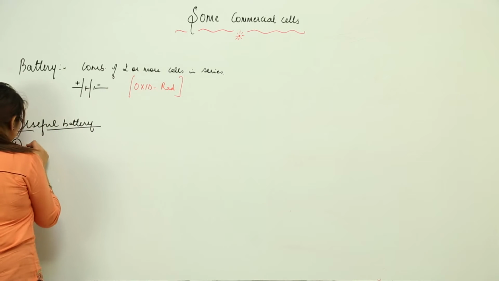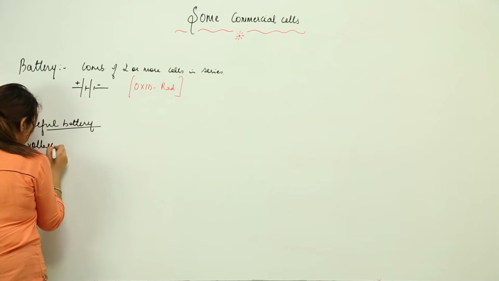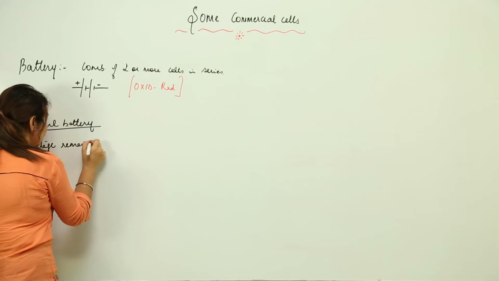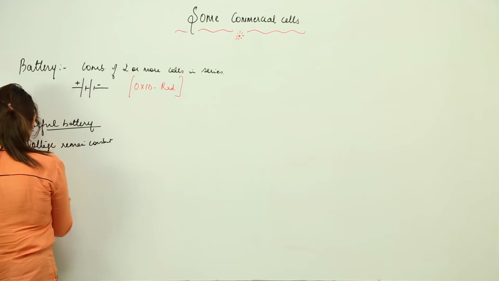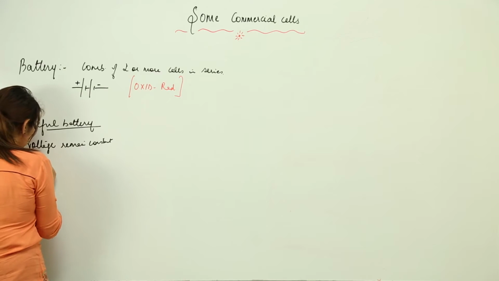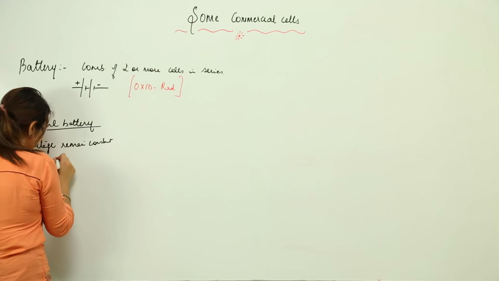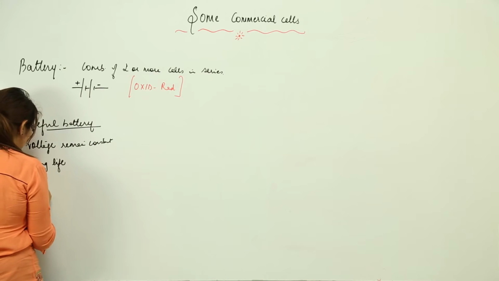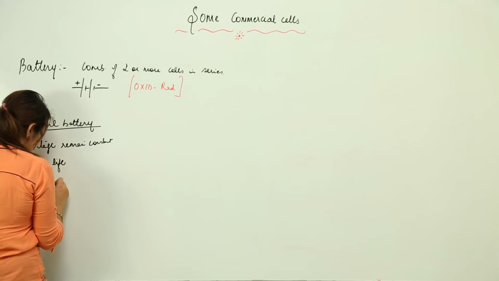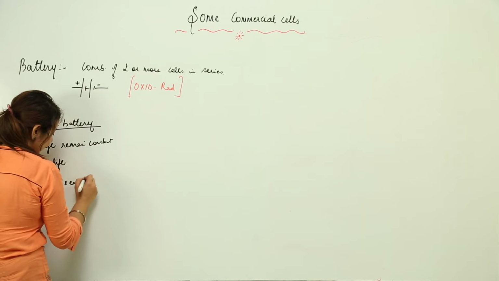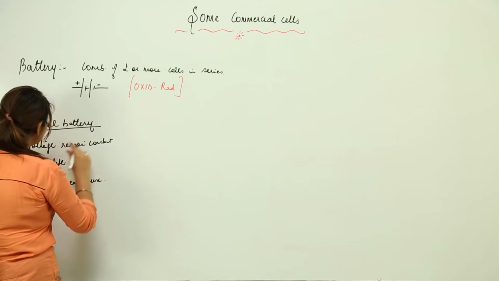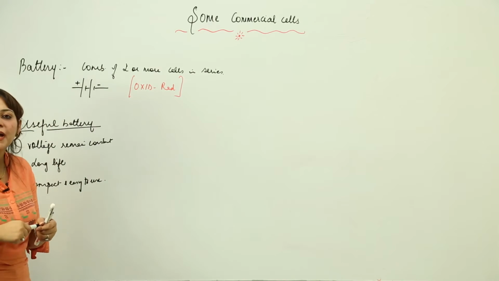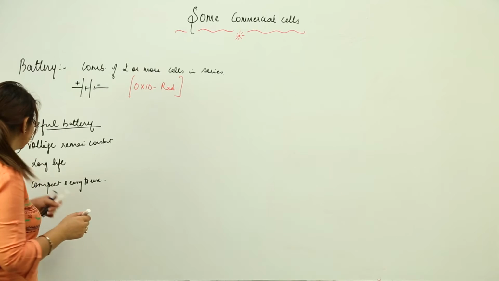The one whose voltage remains constant, meaning it can work on the same voltage. Second, it should have a long life, that means it should work for more time, and it should be compact and easy to use. So these are the features which make any battery a useful battery, right.